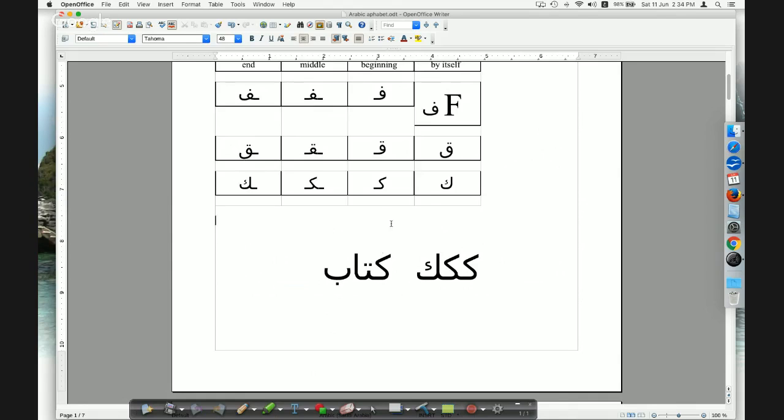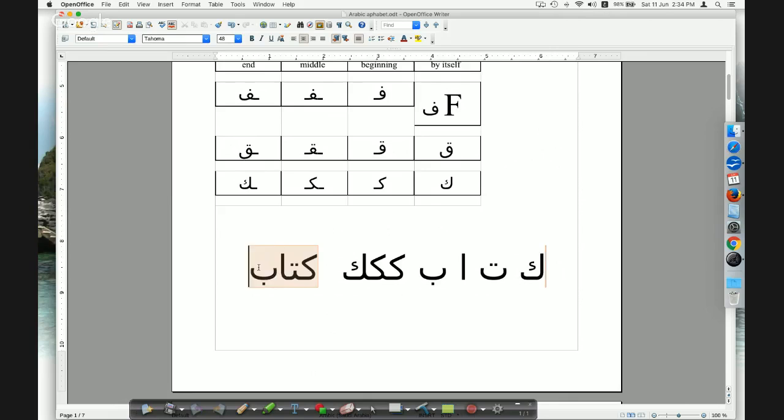So those are four letters, as simple as that. Ka and Ta and A again and Ba. Four letters. When we connect them, look how they look like. Are we okay? Any question?